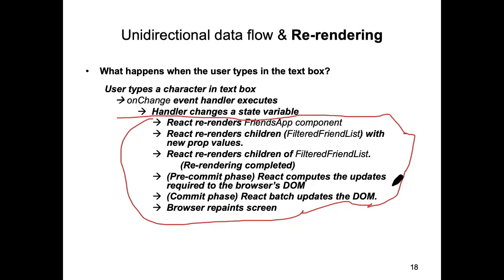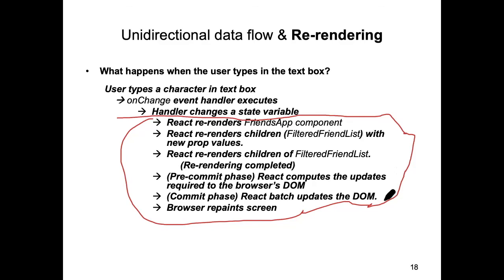So here it determines what changes it needs to make to the DOM to reflect what has changed as a result of the various re-rendering. It batch computes the changes, and then carries out those changes to the DOM.